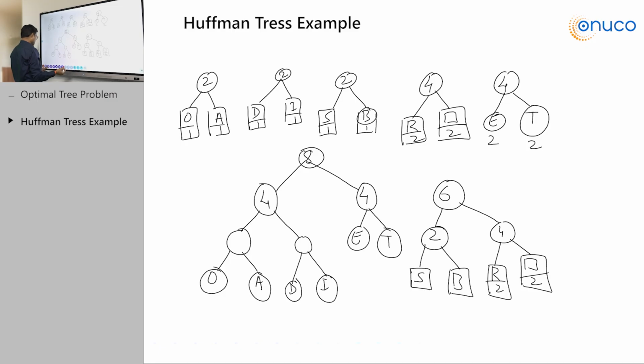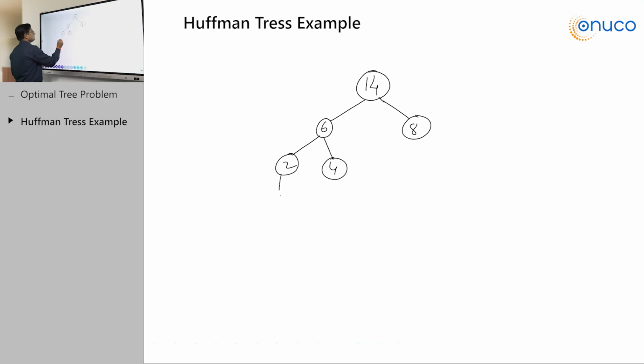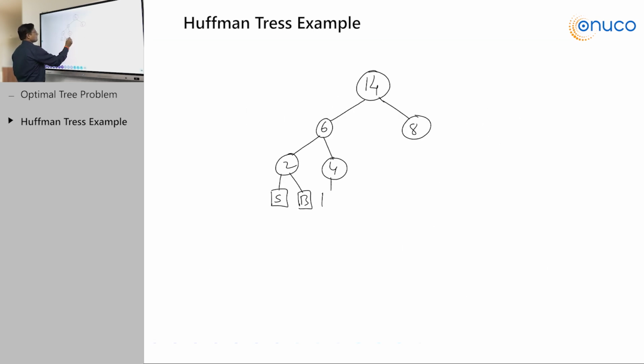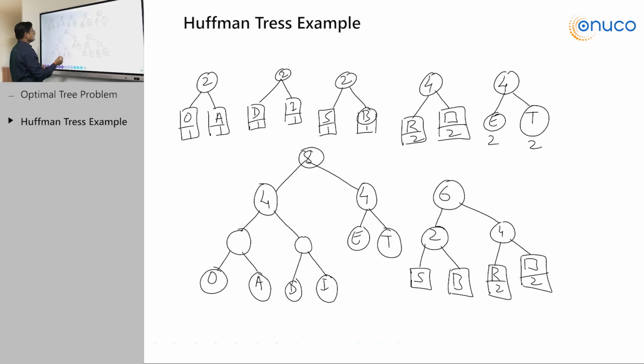SB R blank, this is S, this is B, then R and the blank space. Similarly, for 8 you are going to copy, we have a 4 and 4.